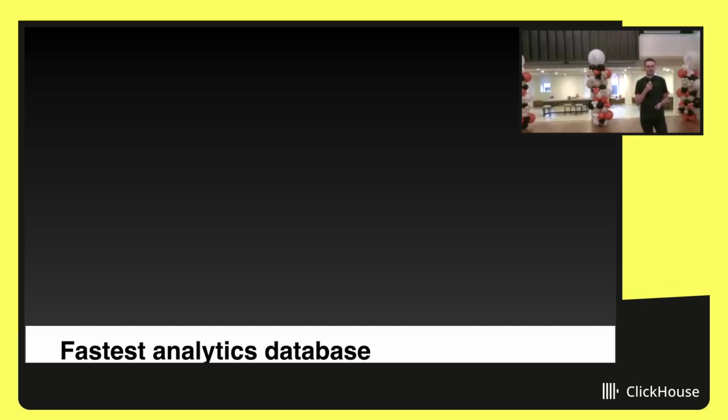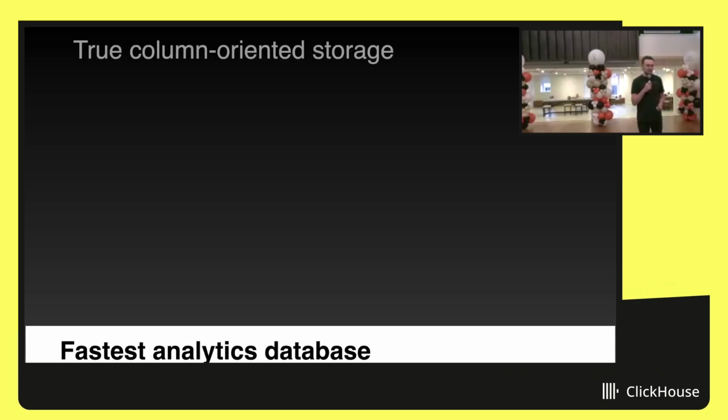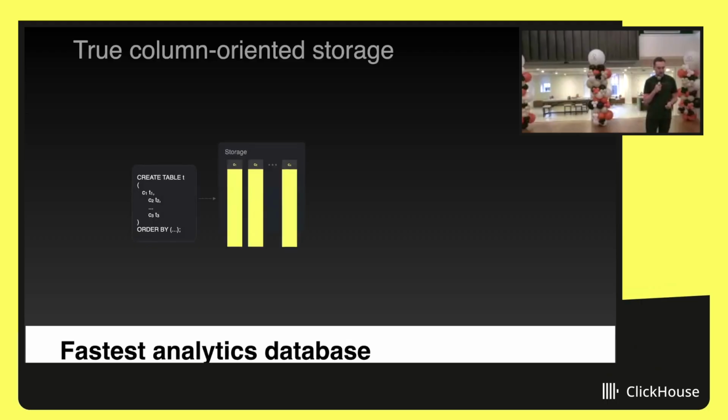Let's first review why. What makes ClickHouse the fastest analytics database? It has true column-oriented storage. So let's look at the example. When we create a table with a bunch of columns and a certain primary key, every column will be stored separately.